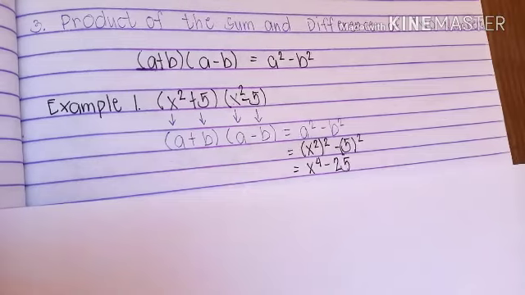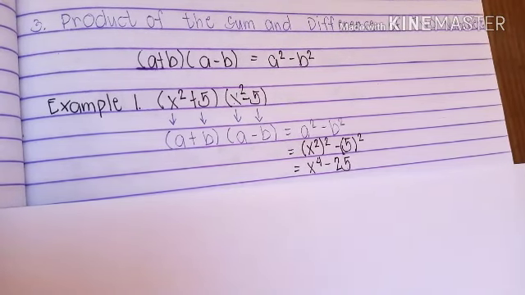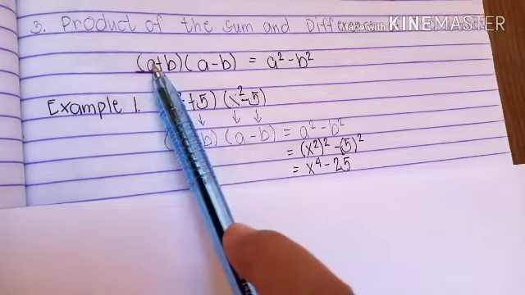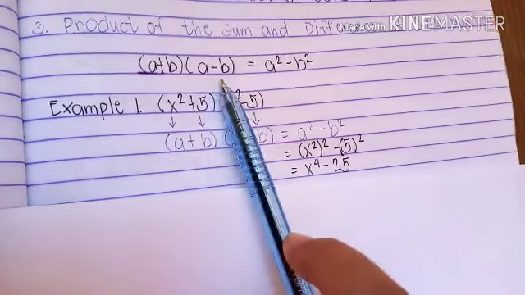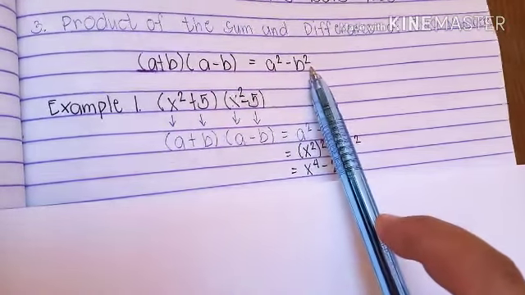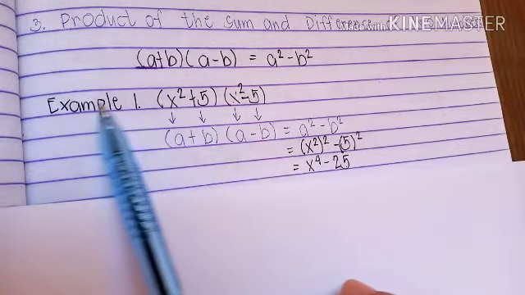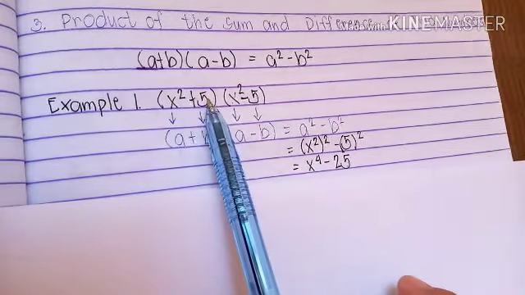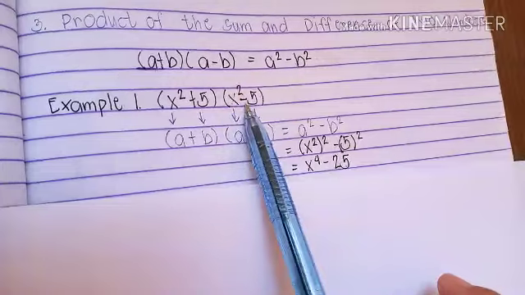125s cubed. So the third special product is the product of the sum and difference of two numbers. If it follows this format, the answer would be a squared minus b squared. We have here an example: (x squared plus 5)(x squared minus 5).